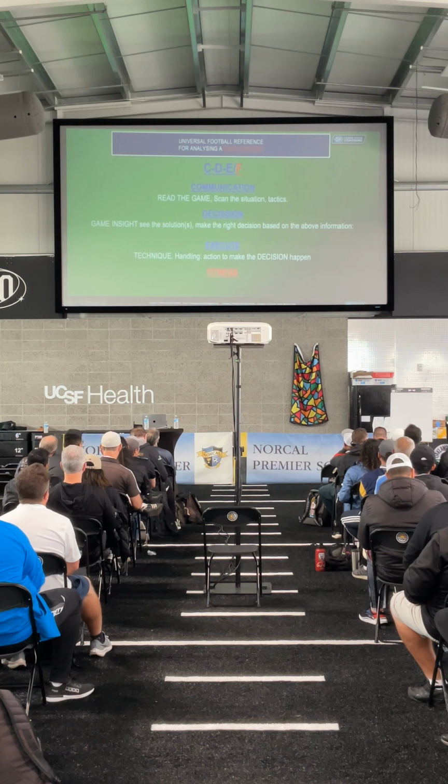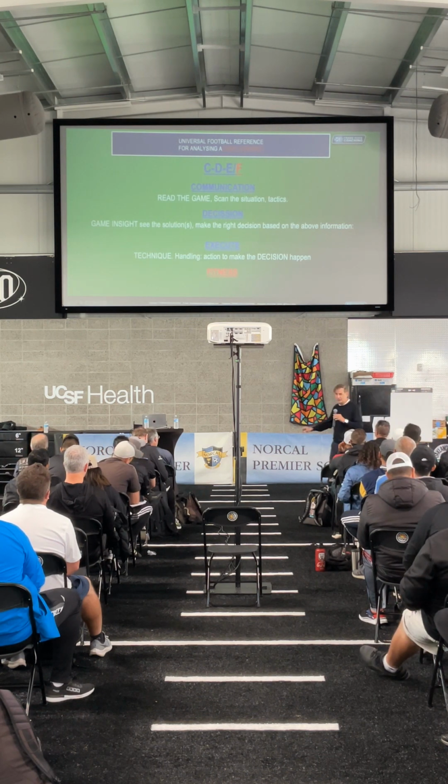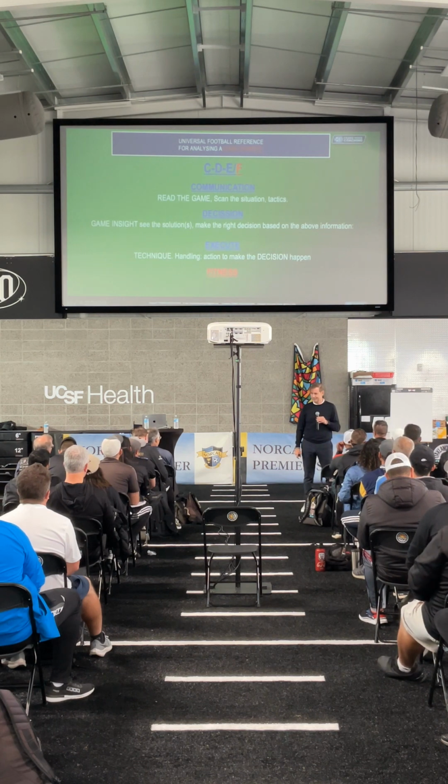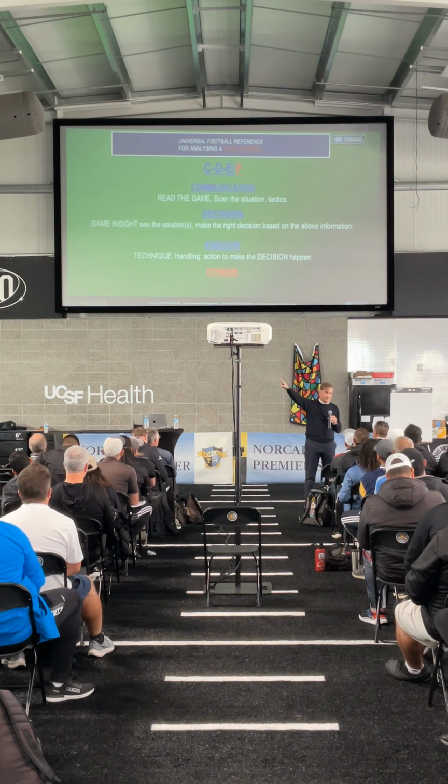Xavi, Iniesta. The best in reading the game, communication, the best in decision making. They always turned away the right side, never the wrong side, never. Because they saw everything that happened. Execution, they had no pass over 50 yards. They were all shorter passes.